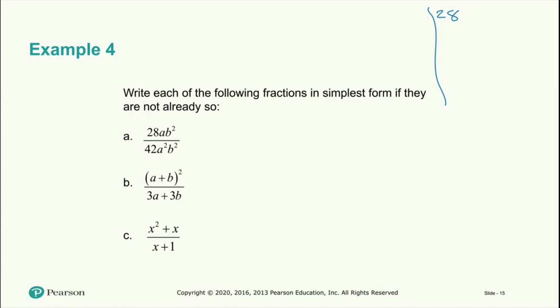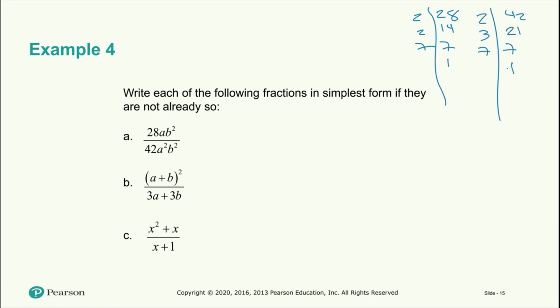So we take 28, and we know that 2 goes into it 14 times, 2 again 7 times, and 7 goes once, right? So for 42, we go ahead and break it down and we get 2 gives us 21, 3 gives us 7, and 7 gives us 1.